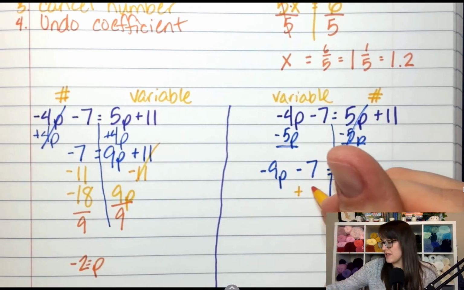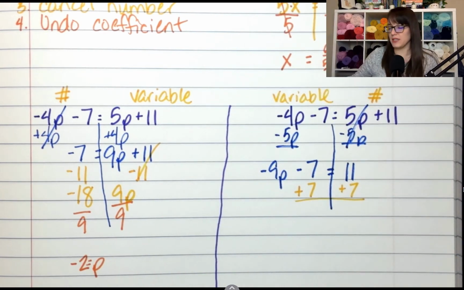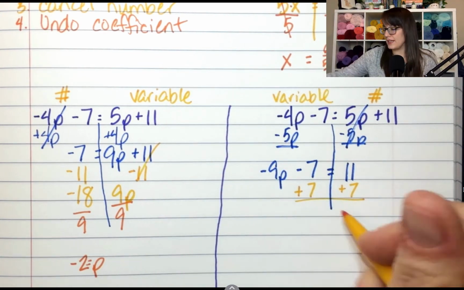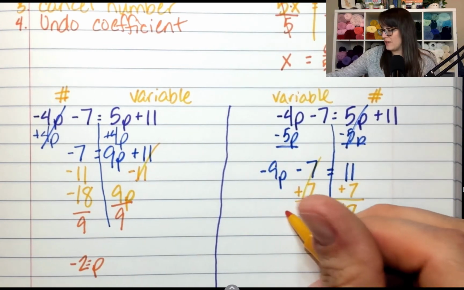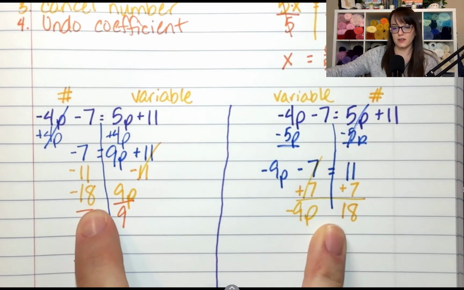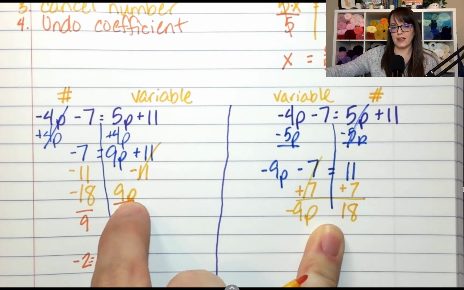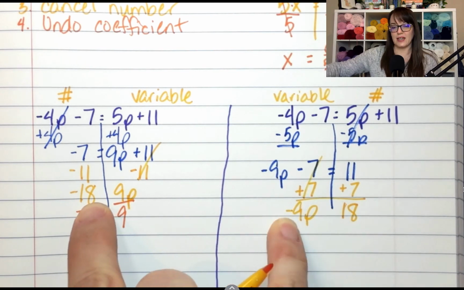So plus 7 here, plus 7 here. What's 11 plus 7? 18. Over here, this canceled, so I've got negative 9p. I want you to pause right here and look at the difference here. You see how we had 9p and negative 18? And we had 18 and negative 9p?